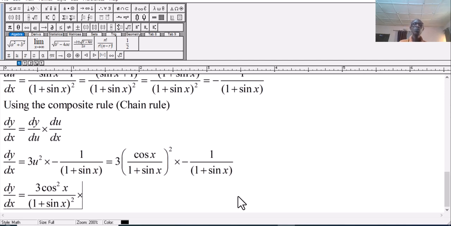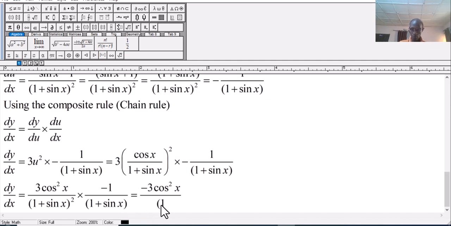times minus 1 all over 1 plus sine x. So at the end of the day, what we have is minus 3 cos squared x all over 1 plus sine x all cubed.